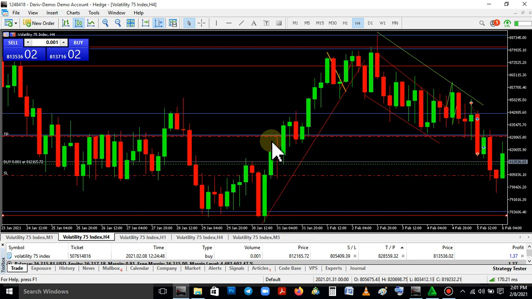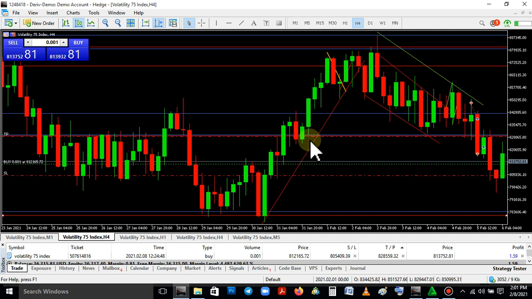Now look at my resistance here. Look at this candlestick on the 4-hour time frame. Price came here, tested this level, came down, then went up and crossed. You see that when price crossed, it played here, kissed it again, and went up.